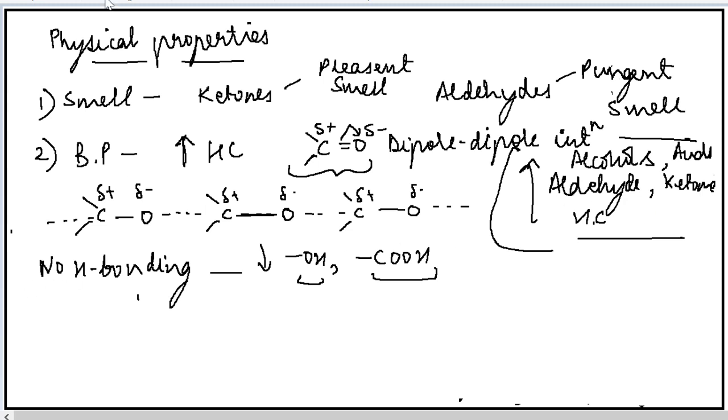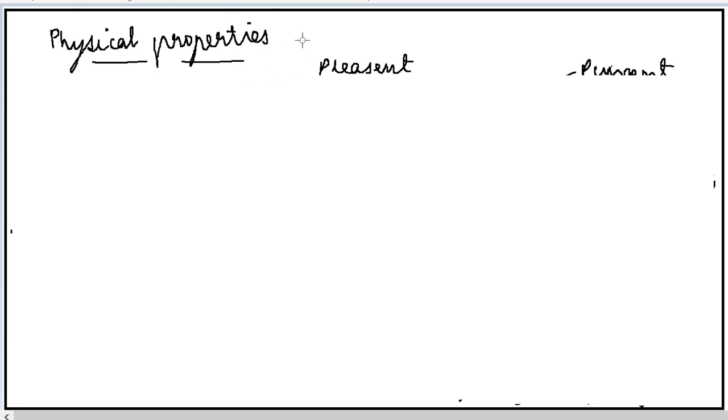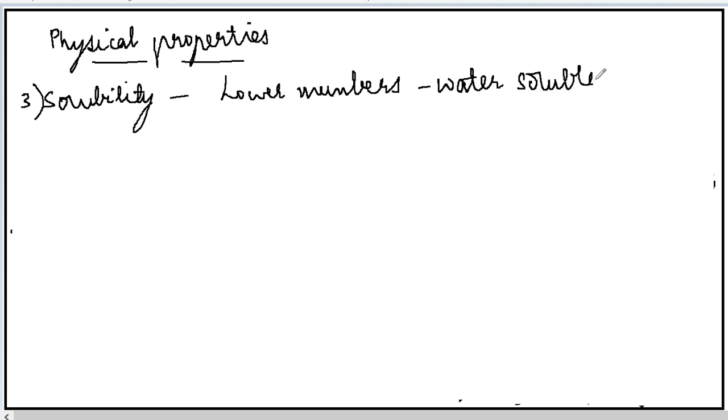Third property is their solubility. The lower members of aldehydes and ketones are soluble in water. The reason why they are water soluble is they show weak hydrogen bonding.